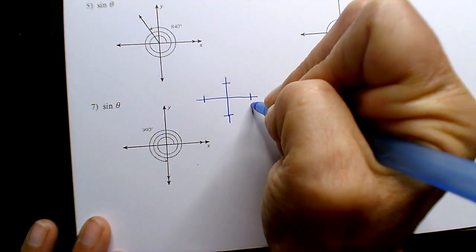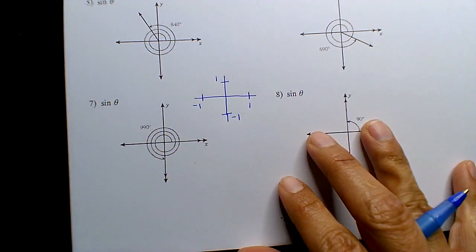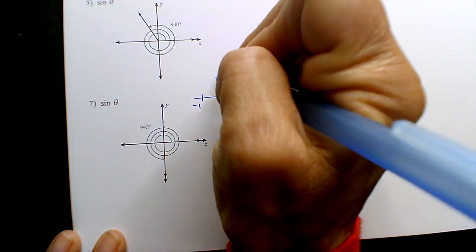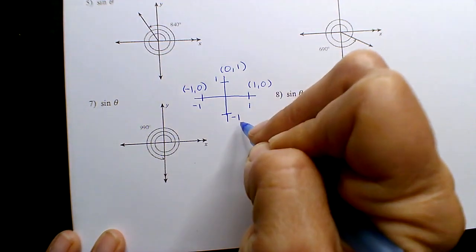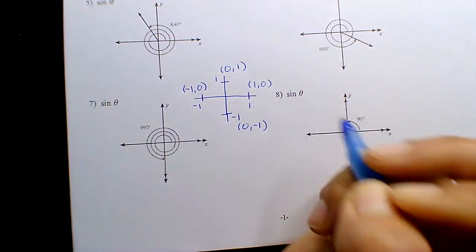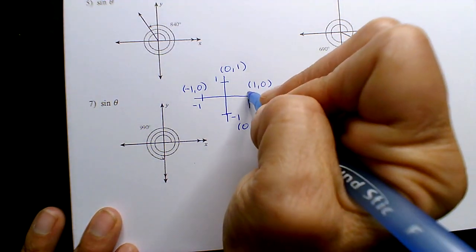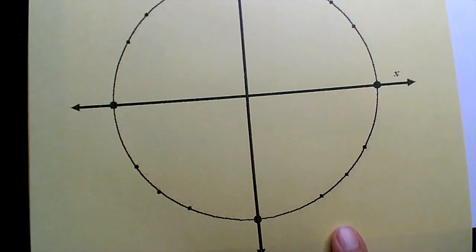So this is 1, 1, negative 1, negative 1. If you look at your coordinates, this is 1, 0. This is 0, 1. This is negative 1, 0. And this is 0, negative 1. And that's your unit circle, and that's the yellow paper you're going to get today. That's an ugly unit circle, but it's supposed to look like that.